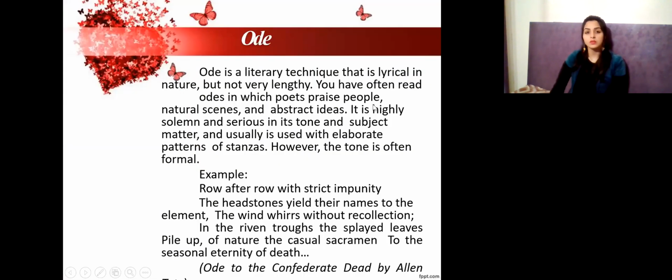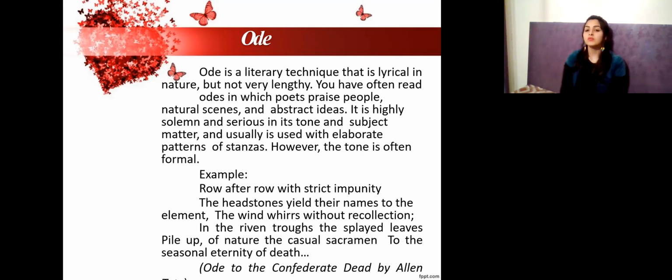Let's see what an ode is. Ode is a literary technique that is lyrical in nature. What do I mean by lyrical? I mean the words written out in poetry, but not very lengthy. You have often read odes in which poets praise people or natural scenes, abstract ideas. It is highly solemn and serious in its tone and subject matter, and usually is used with elaborate patterns of stanzas.